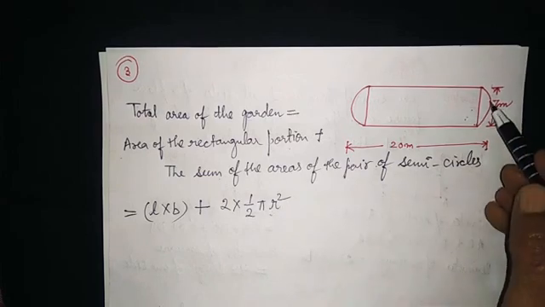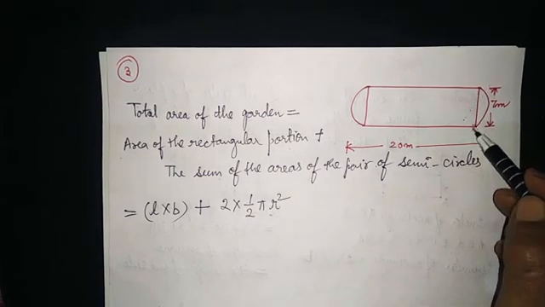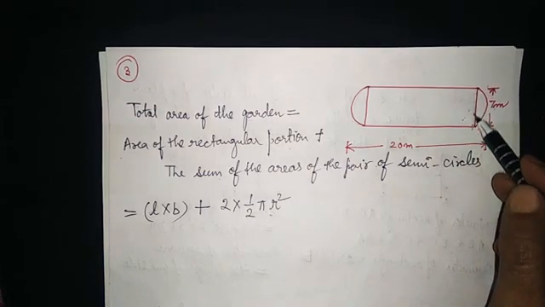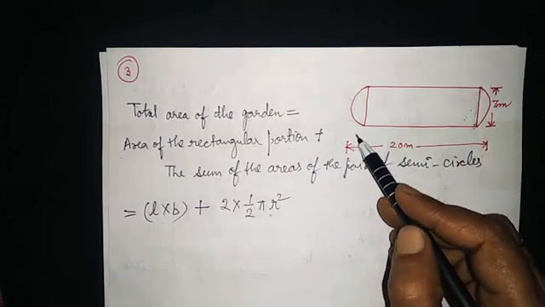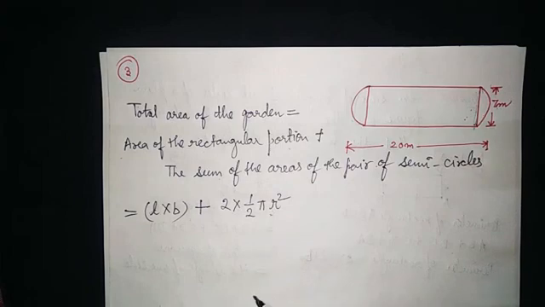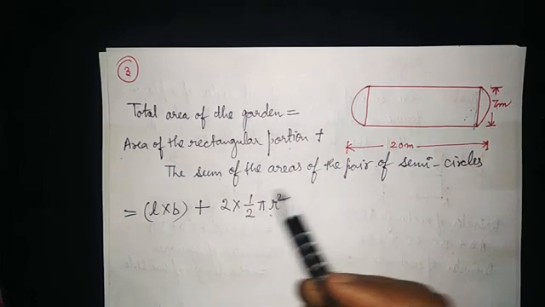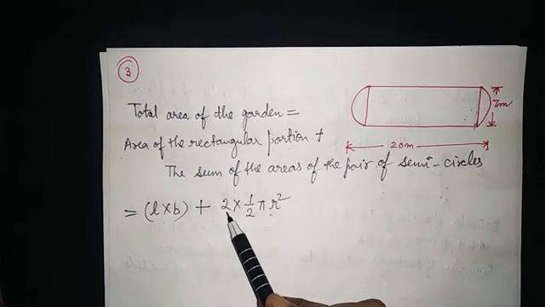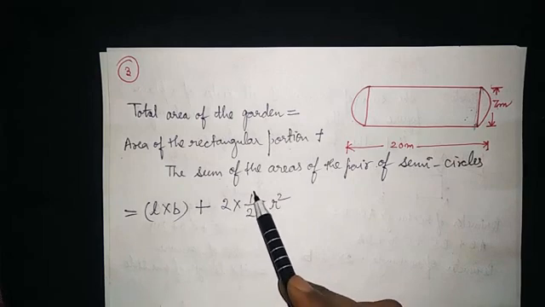Radius means half of this 7. 7 is the diameter of this semicircle, but here we have to write the radius. So I think it is clear why I have written 2 and why I have done half.